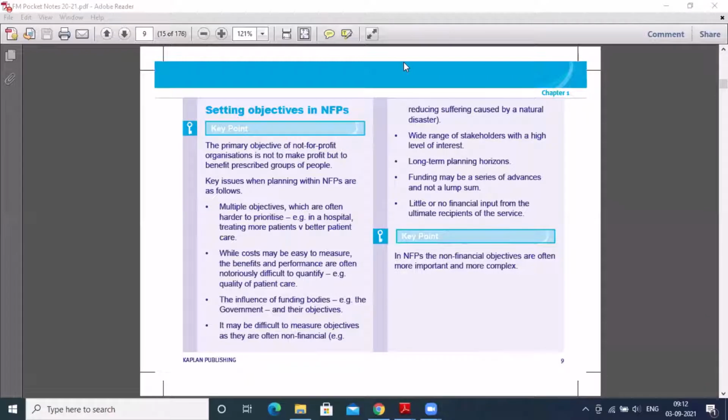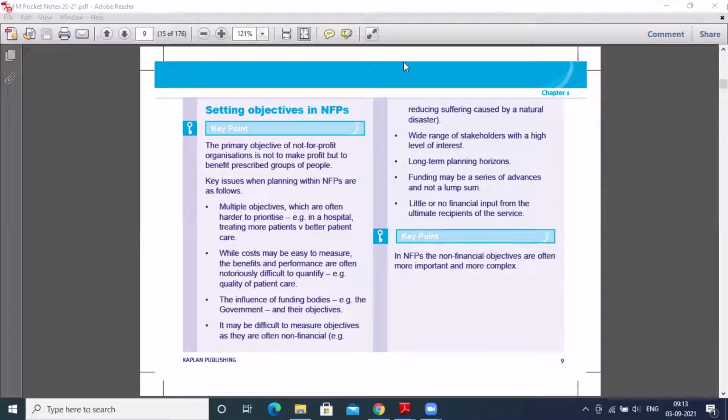Generally, the key point which you need to remember is that the non-financial objectives are often more important and more complex. When it comes to financial objectives, the not-for-profit organization always tries to effectively utilize its resources. It means they don't want to waste their money on any unnecessary expense.